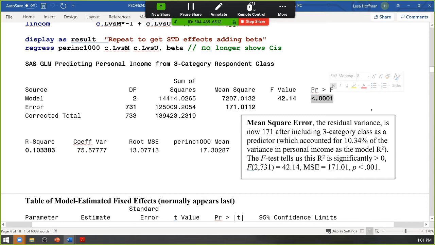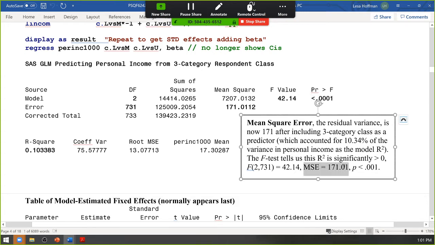Here's the p-value that goes with F. So less than 0.01% of the time, we would see an F that large if the model's true R-square were 0. If we didn't account for any variance whatsoever, if that were truth, this result would be really, really unexpected. Unexpected meaning significant.